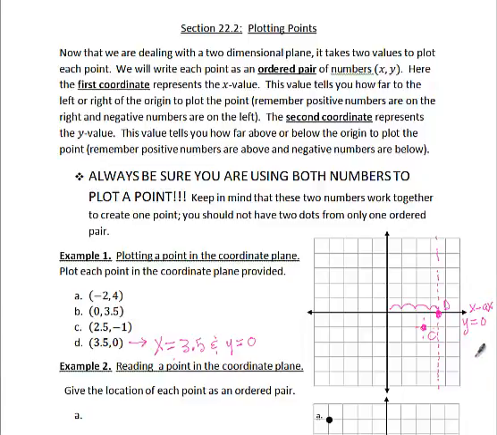And then for the y-axis, and these are important, as simple as they are, it's important to know that anywhere along the y-axis, your x-coordinate is going to be 0. Anywhere along the x-axis, your y-coordinate is going to be 0.